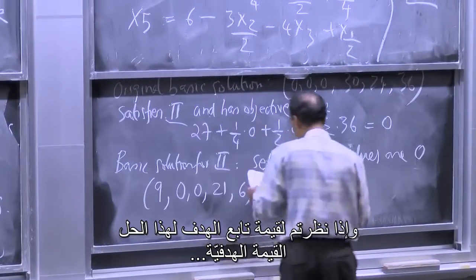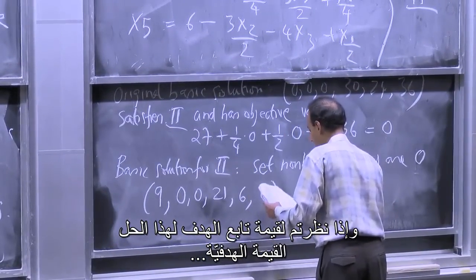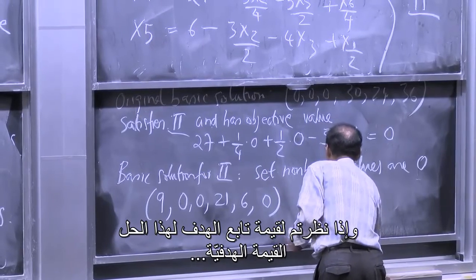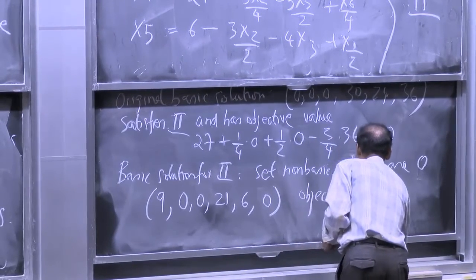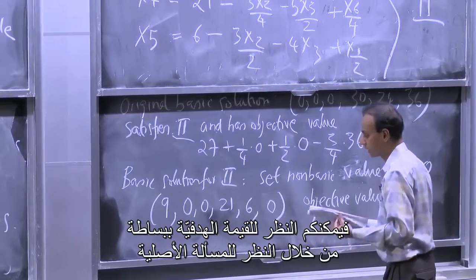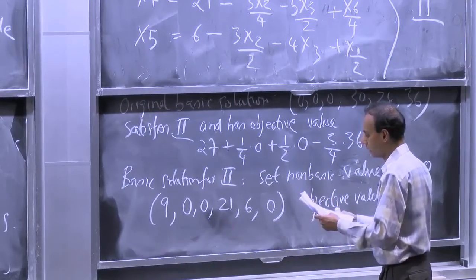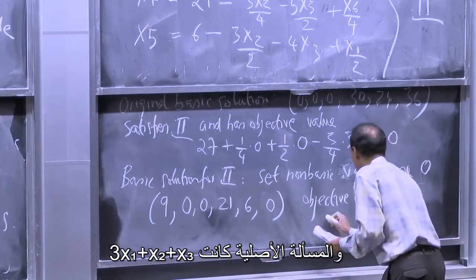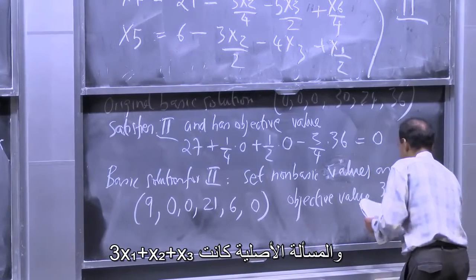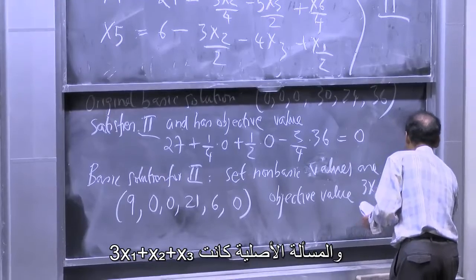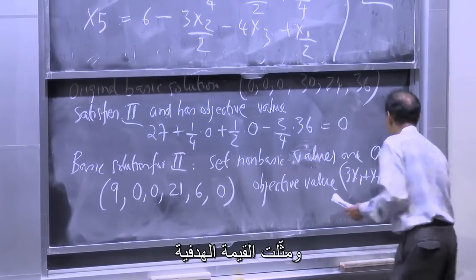And if you look at the objective value for this, you can look at this objective value simply by looking at the original problem. And the original problem had 3x1 plus x2 plus x3 as the objective value.